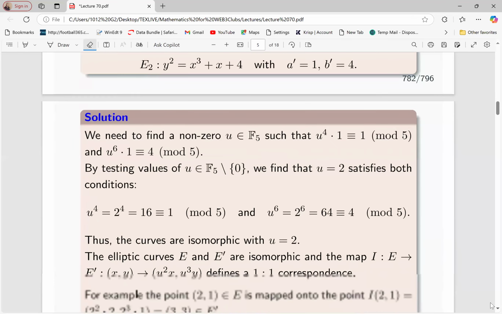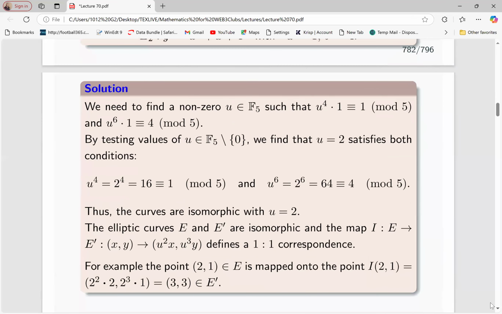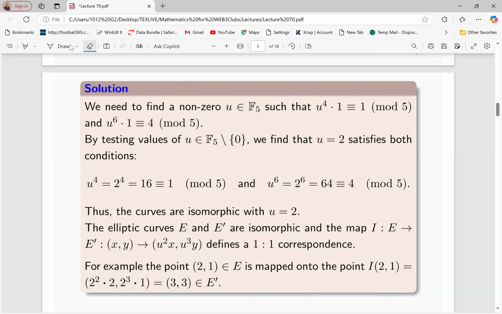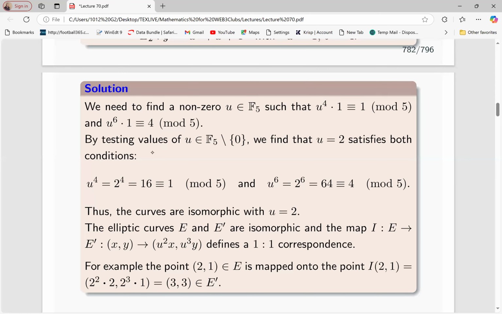Now, I had already done this question, but I just wanted to go through the steps so that you see the steps I was using. I said we need to find a non-zero u, mod 5, such that u raised to 4 times a gives you a prime, and then the same u raised to 6 times b gives you b prime.